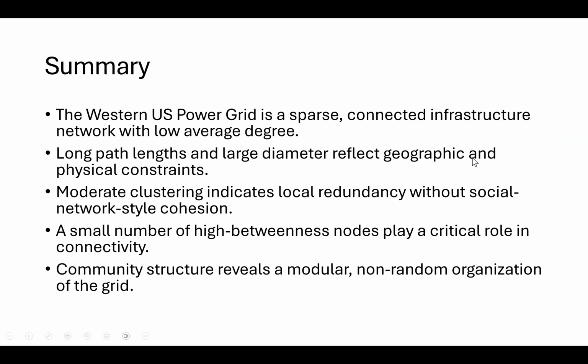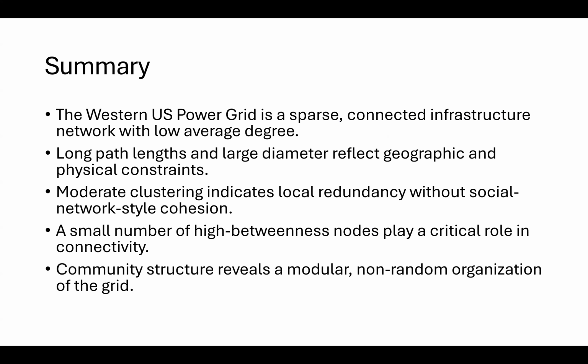Now, to summarize the analysis, the Western US power grid is a sparse but fully connected infrastructure network. The low average degree confirms that most substations connect to only a few others. The long average path length and large diameter reflect geographic and physical constraints.